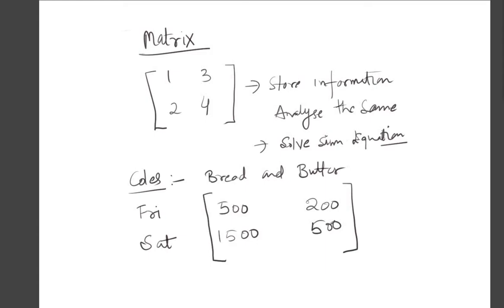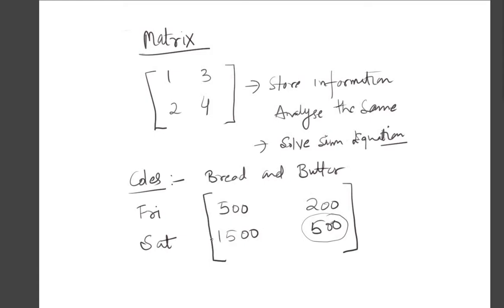Now, this is the information that I've stored in a matrix. If I ask you how many butters were sold on a Saturday, looking at the matrix, 500. You arrived at this number straight away.